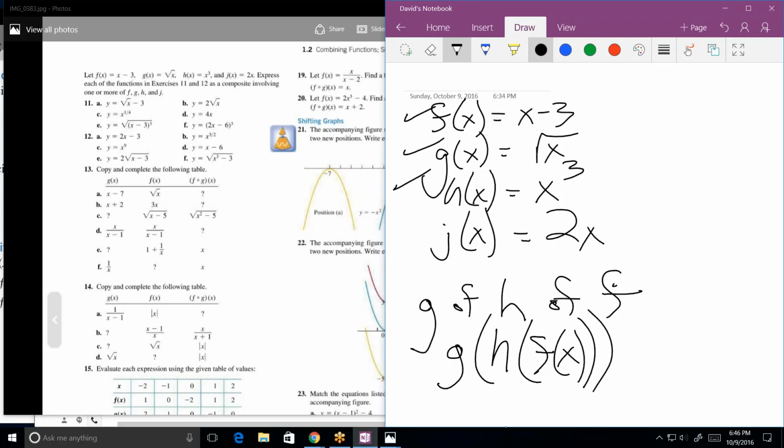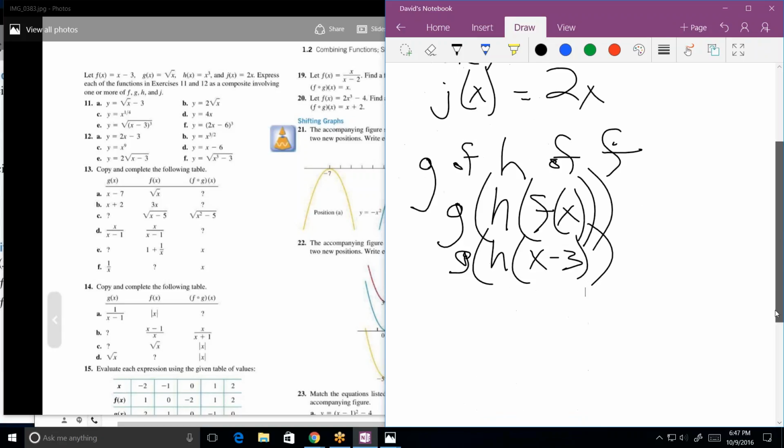Well, f of x is x minus 3, so we're taking g of h of x minus 3. You with me? What's h of x minus 3? That'd be x minus 3 to the 3rd power.